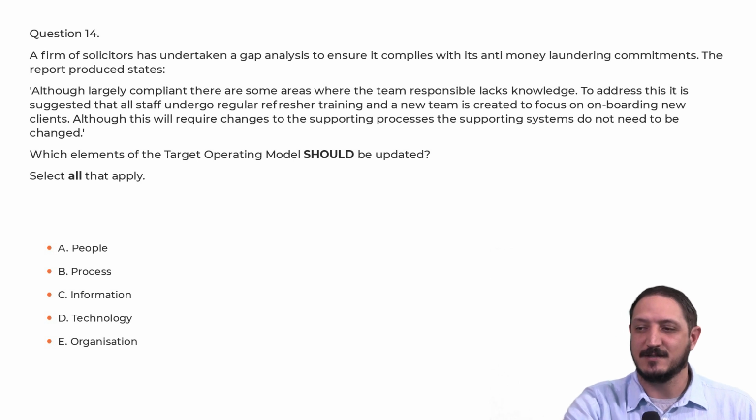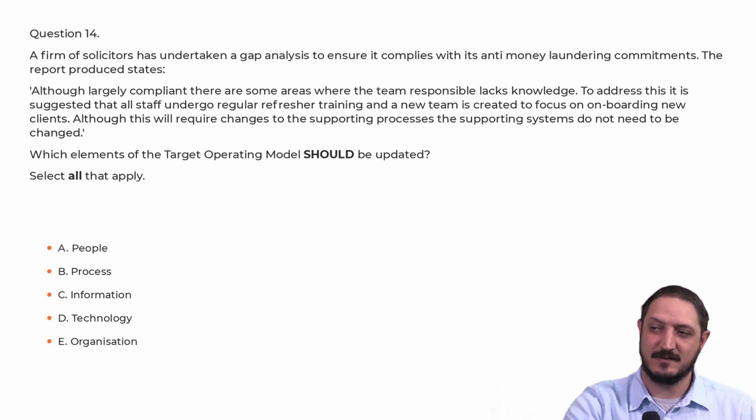And then right at the bottom, in the actual question itself, the elements that we are choosing from are elements of the POPIT model. So what we need to do is think about all of these items and what they're used for, and then apply it to the specific context.